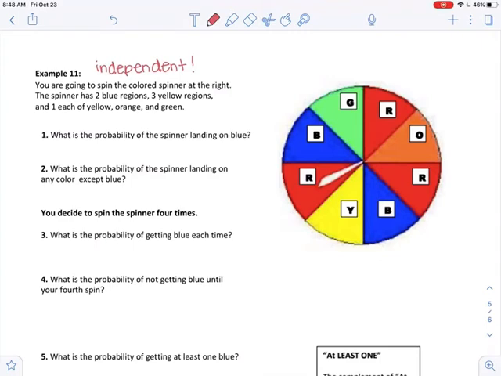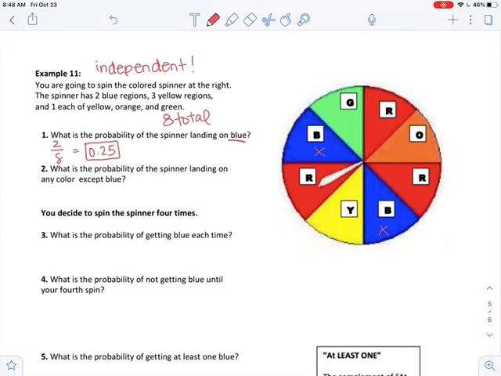You always want to consider a spinner as independent because nothing can really be changed as you're spinning. Also, keep in mind that there are 8 sections on this spinner total. So we're looking again at the probability of landing on blue. There are only 2 blues out of the total 8. So that's 2 out of 8, which gets us 0.25.